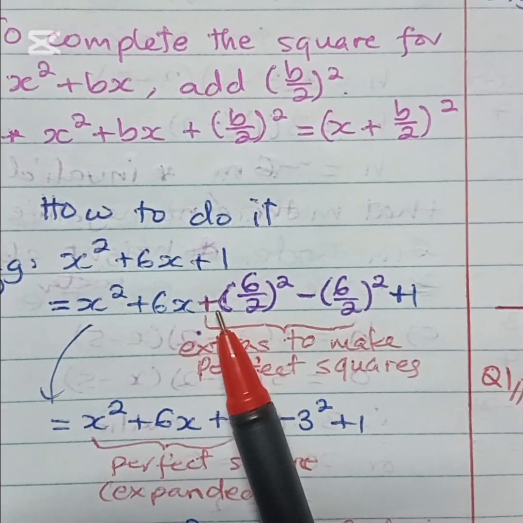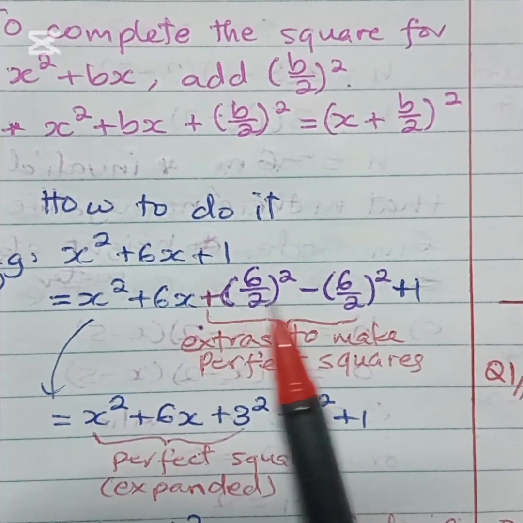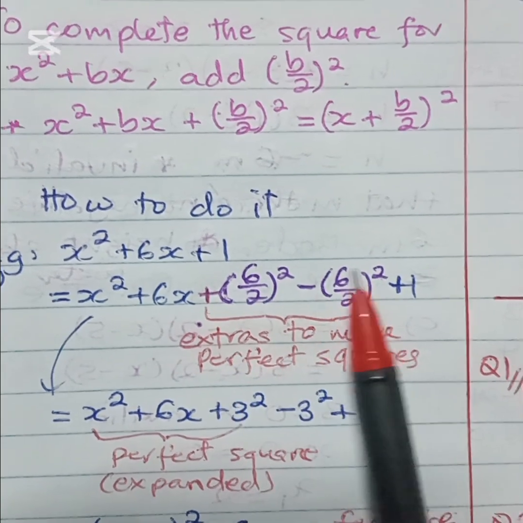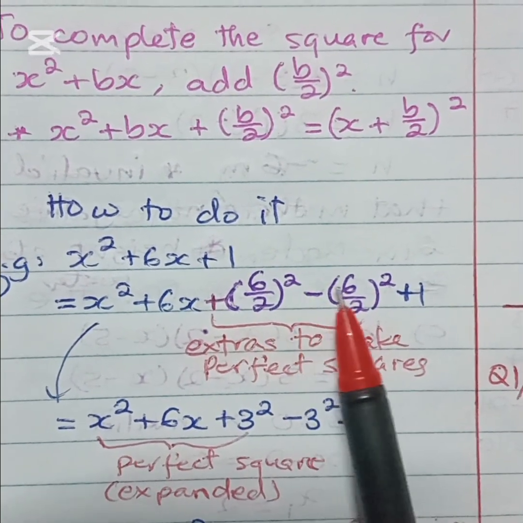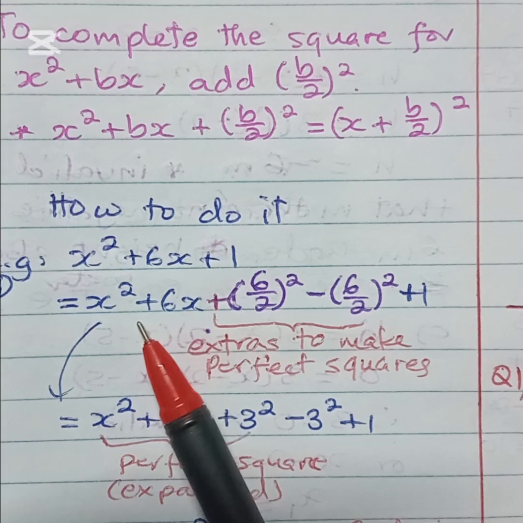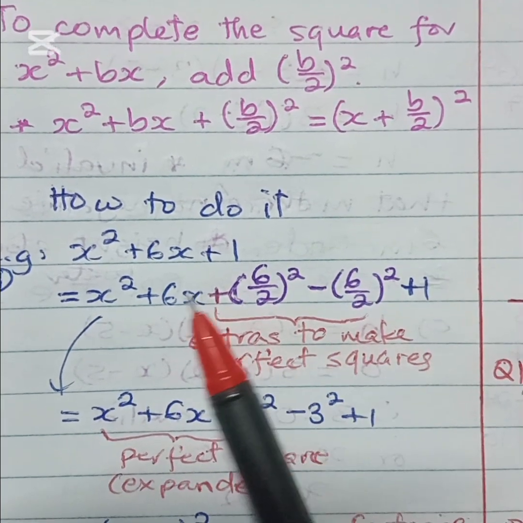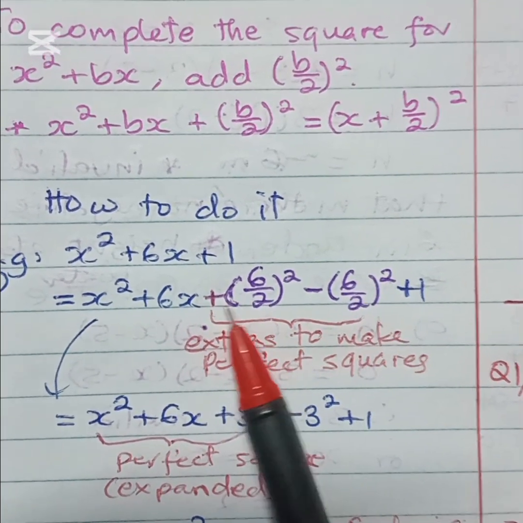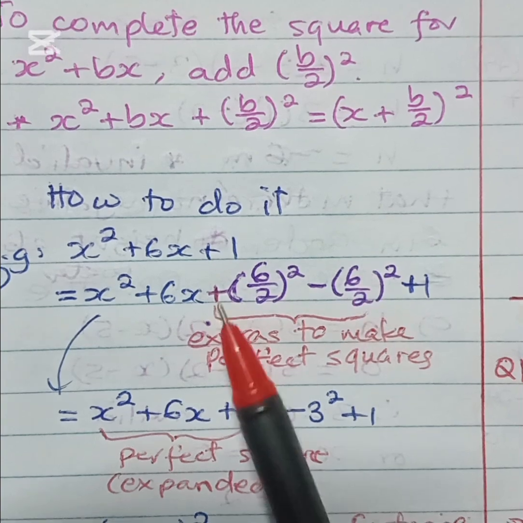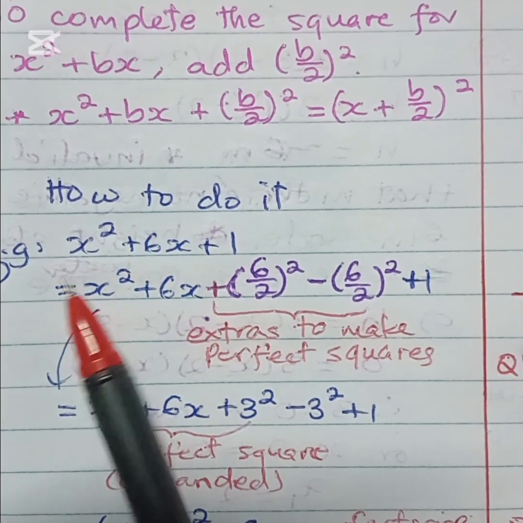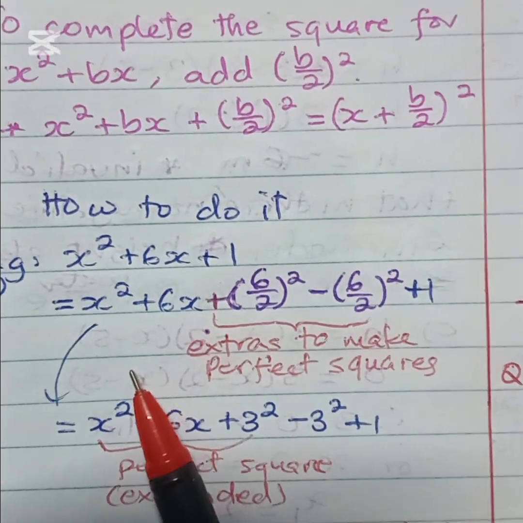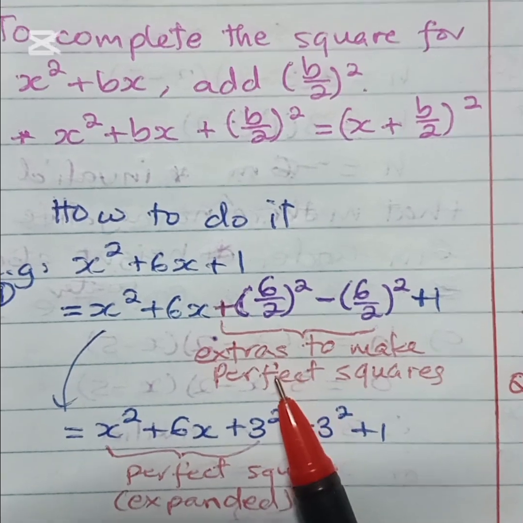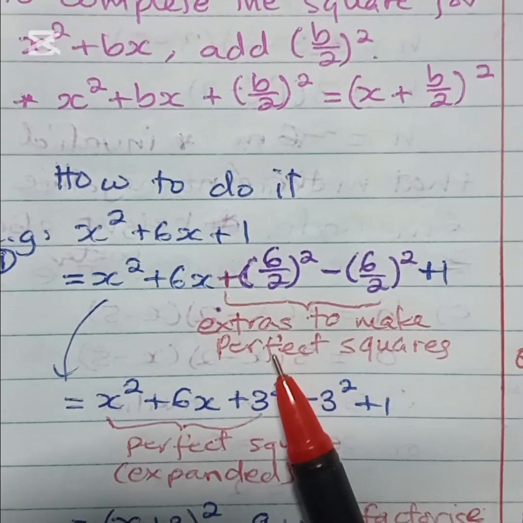Now what we did, we added and then we subtracted again. See, when we add and subtract, we are not changing the value of the whole expression, because adding something and subtracting it again gives us 0, so we still get our original expression. We just need this to complete our perfect squares.